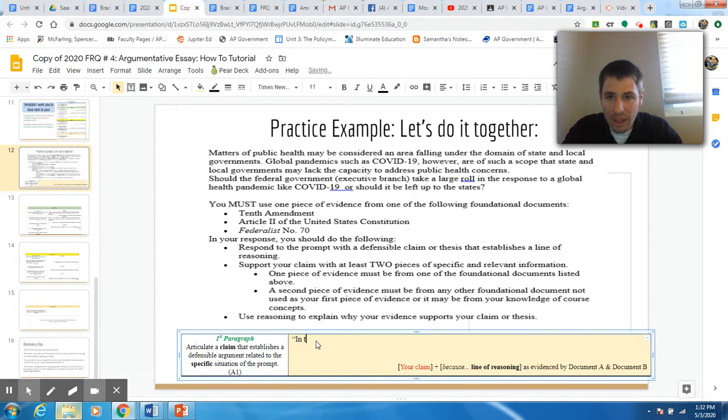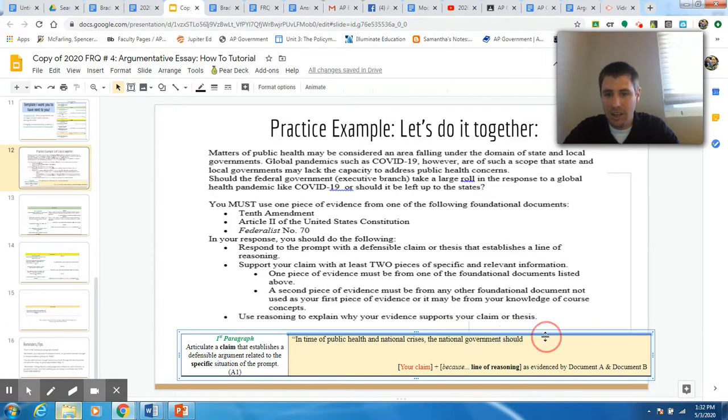So in times of public health and national crises, should the federal government, the executive branch, take a larger role in the response to global health? The national government should.